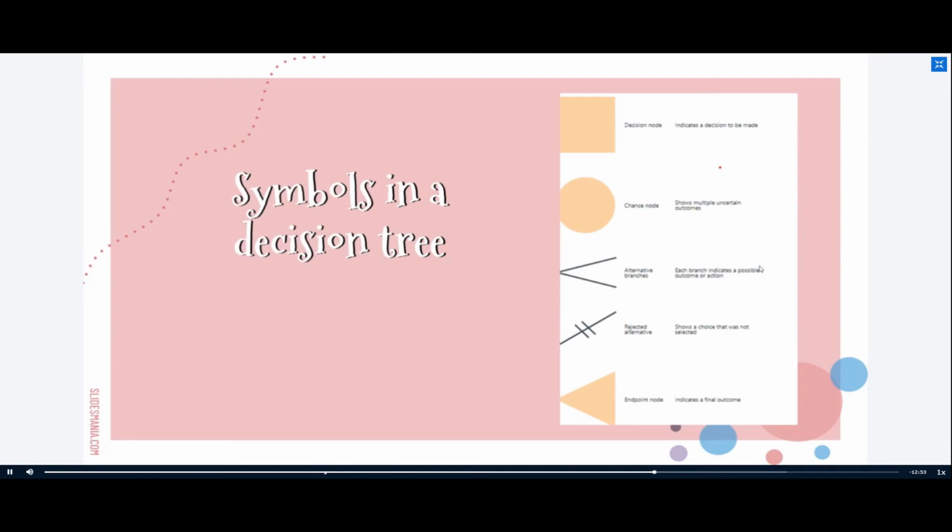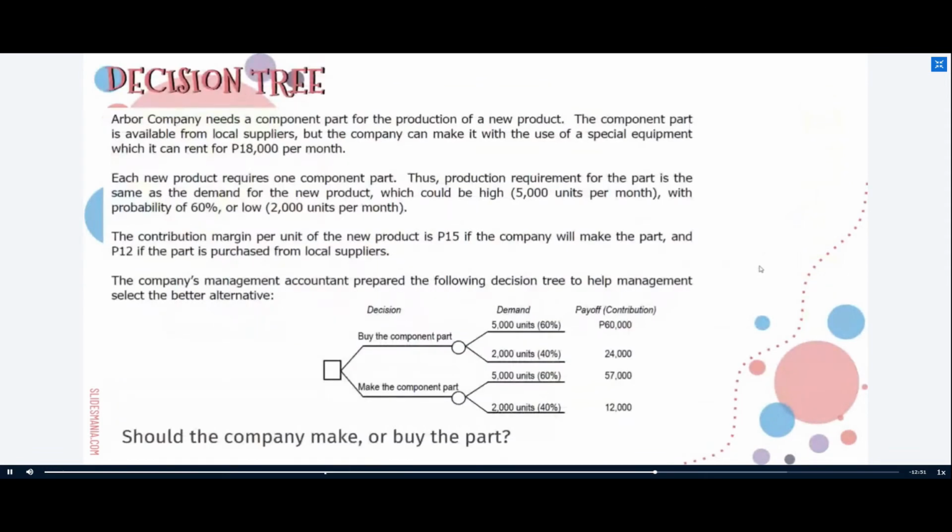Well, punta na tayo siguro dun sa more serious example, no? So let's try this problem. Should the company make or buy the part? So in your management accounting course, or probably it will come later pa, no?